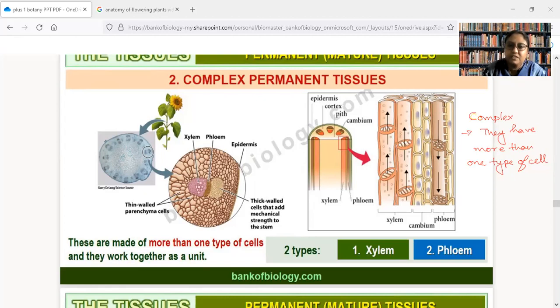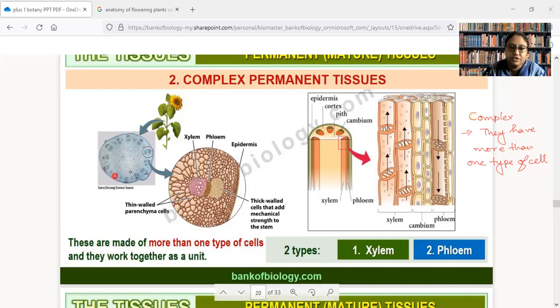But in complex permanent tissue, that includes xylem and phloem, different types of cells are working for a common purpose, that is transportation of substances. In this picture, you can see how a cross section of the root will look.